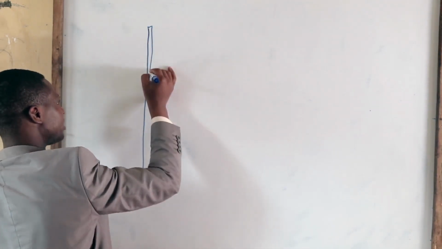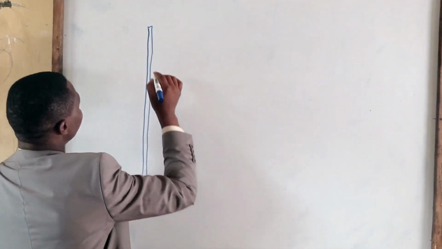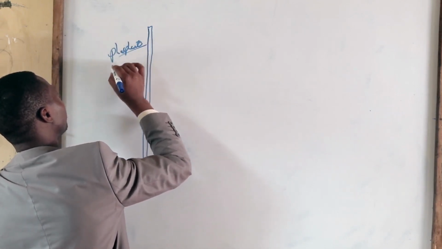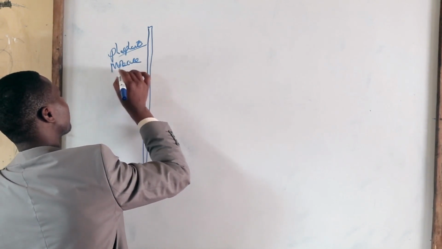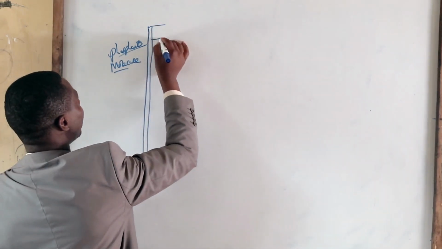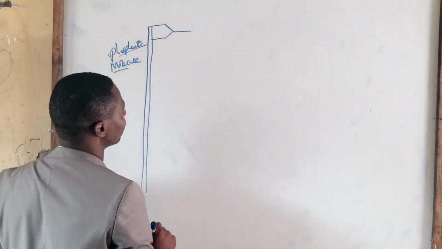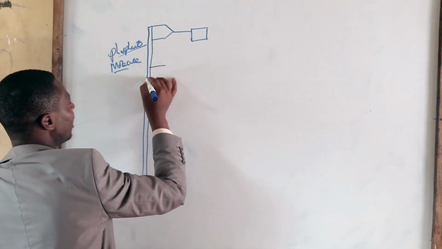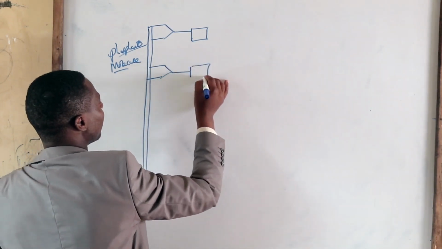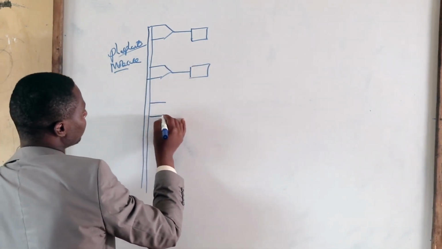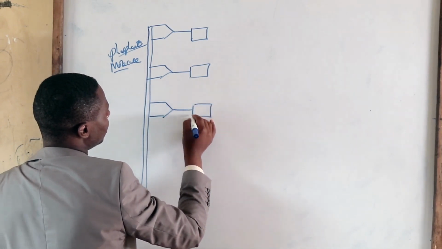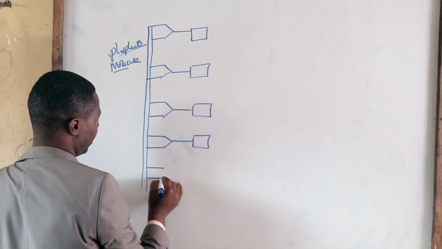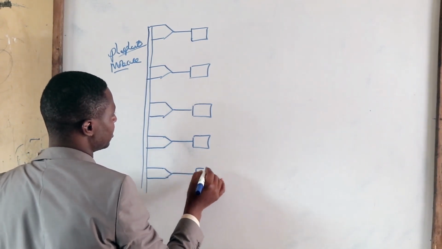So we have a strand here, which we call the phosphate molecule, connected by carbon sugars and a nitrogenous base at the far end. Again, carbon sugar and nitrogenous base, carbon sugar and nitrogenous base.